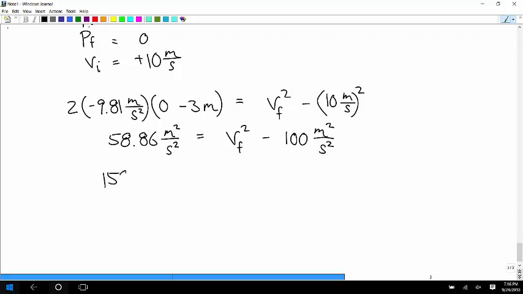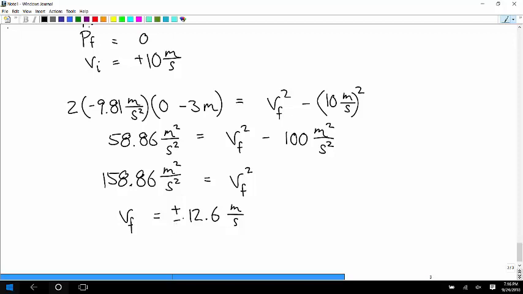So you get 158.86 meters squared per second squared is equal to v_f squared. And now take the square root of both sides. You get v_f is equal to, the magnitude of that is, 12.6 meters per second. But don't forget, whenever you take a square root of a variable, you have the plus or minus.